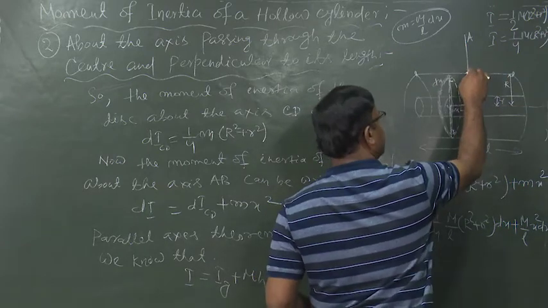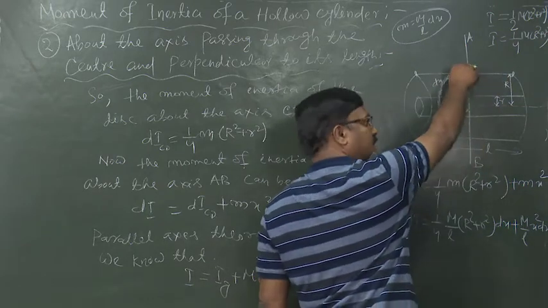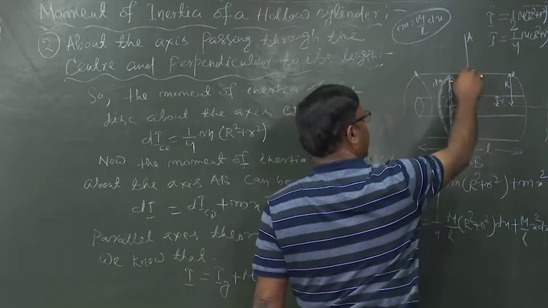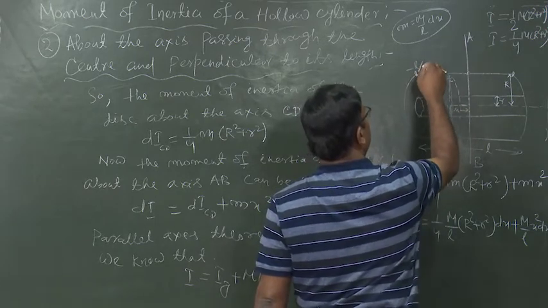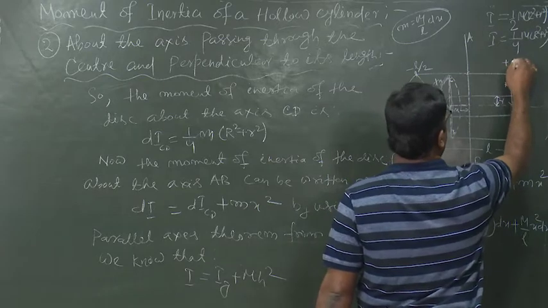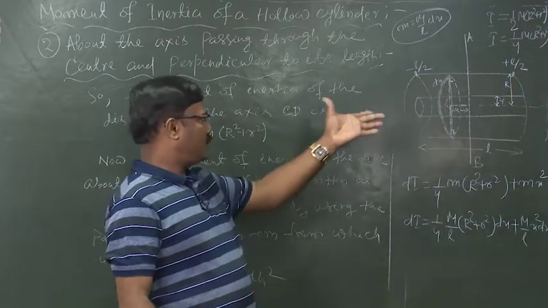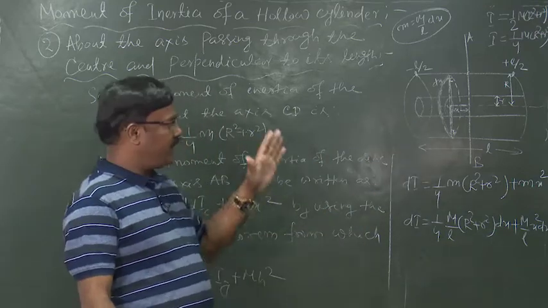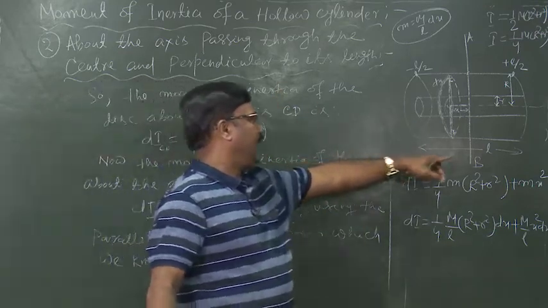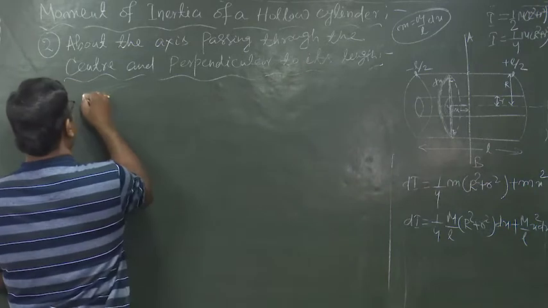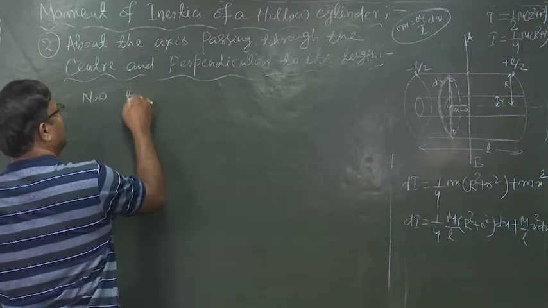If we consider this point to be the origin, then it will be written as minus L by 2 to plus L by 2, because the total length of the cylinder we have taken to be L here.